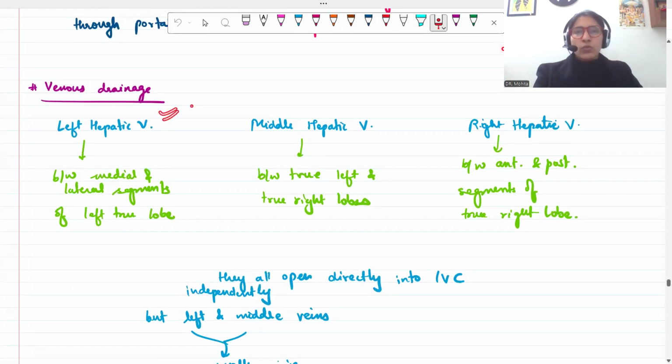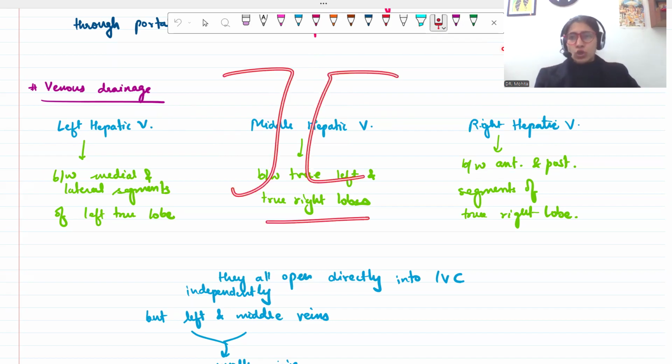We have the left hepatic vein, middle hepatic vein, and right hepatic vein, all of them draining into the inferior vena cava. The left hepatic vein is present between the medial and lateral segments of the left lobe. The right hepatic vein is present between the anterior and posterior segments of the right lobe, and the middle hepatic vein is present between the right and left true lobes.